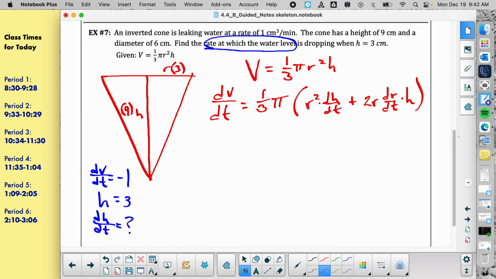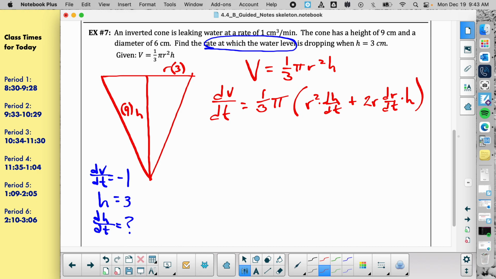So I'm going to need to do substitution somewhere. The 9 and the 6 at the beginning are only there to tell us how to do the substitution. It's telling us that the height is 3 times the radius, because you've got the 3 and the 9.